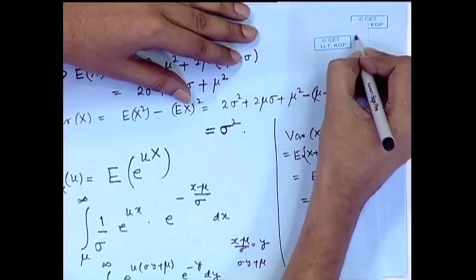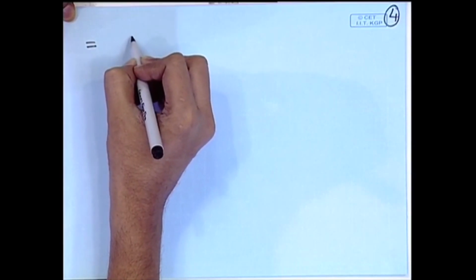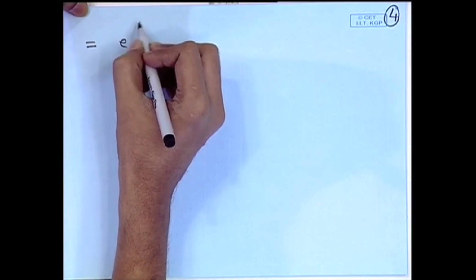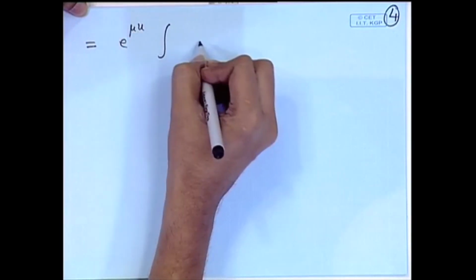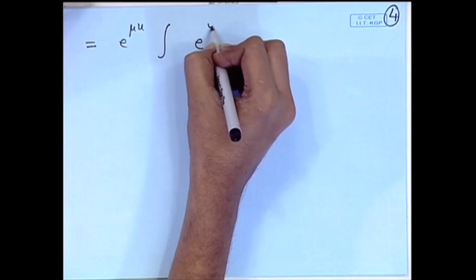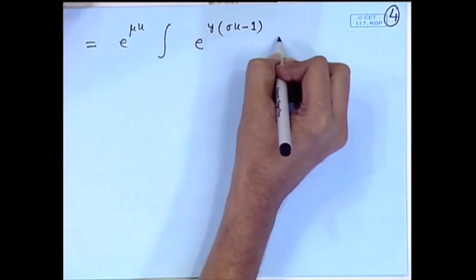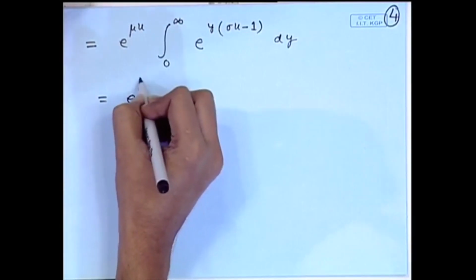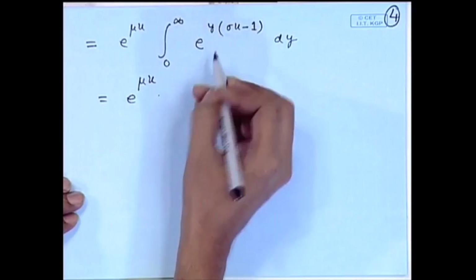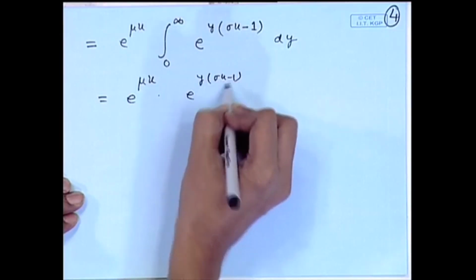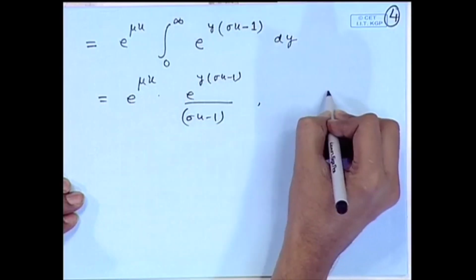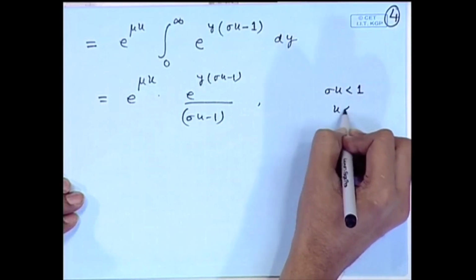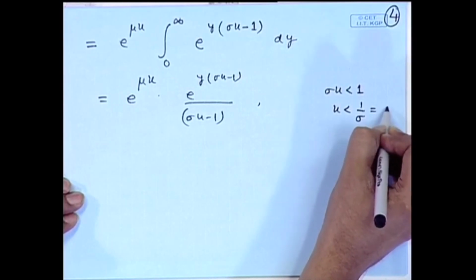So, this can be simplified. It is equal to e to the power mu u times the integral from 0 to infinity of e to the power y (sigma u minus 1) dy, and this becomes e to the power mu u times e to the power y (sigma u minus 1) divided by (sigma u minus 1), from 0 to infinity, provided sigma u is less than 1, or u is less than 1 by sigma, which was basically lambda.